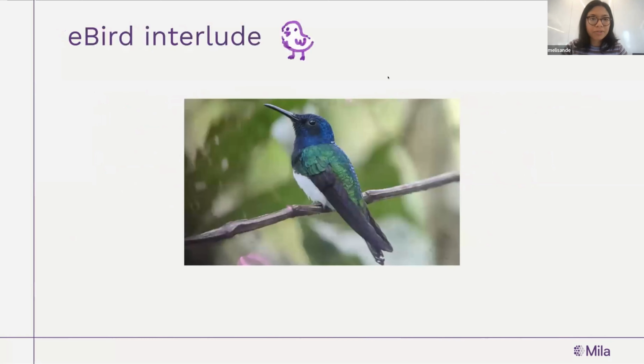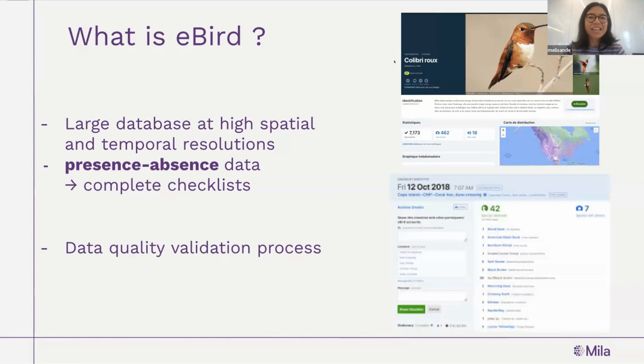So let's first go into where the data comes from, which is the citizen science database called eBird, that I'm going to present quickly. eBird is a large database at high spatial and temporal resolutions where anyone can upload observation records, which are called checklists.